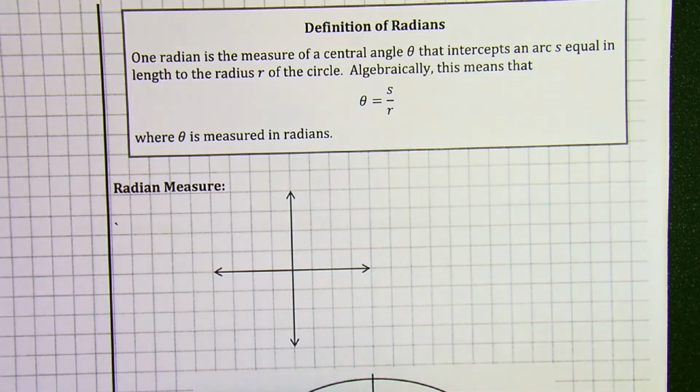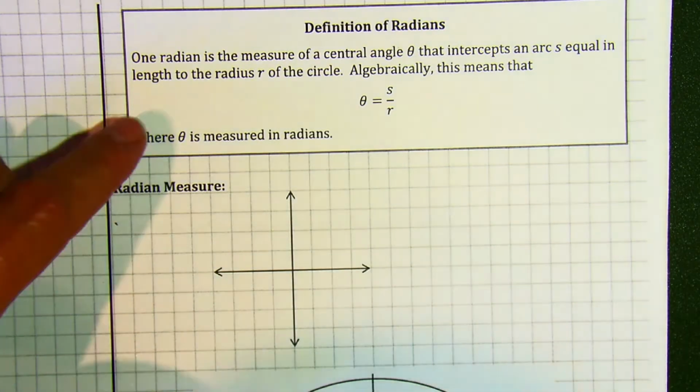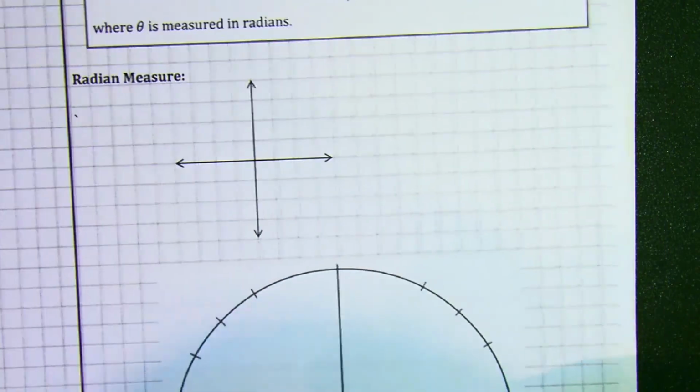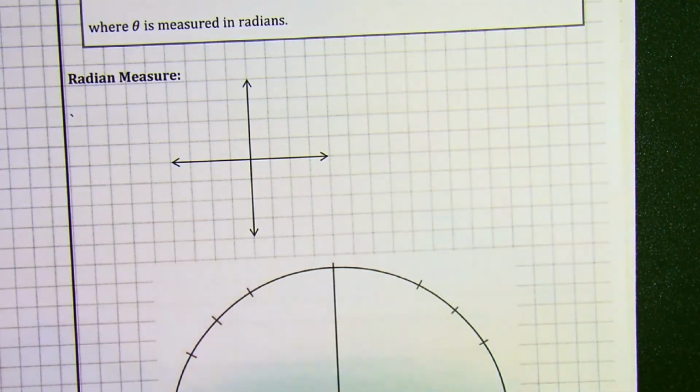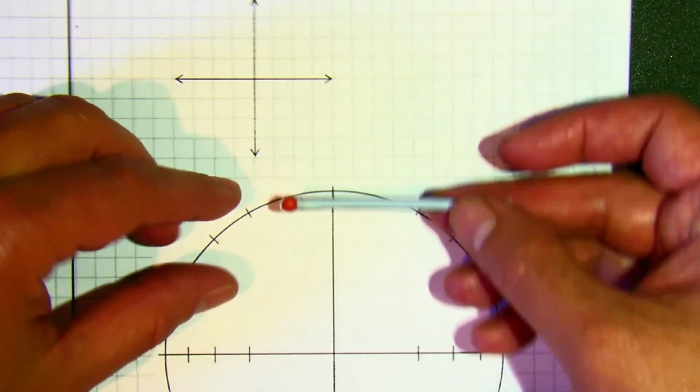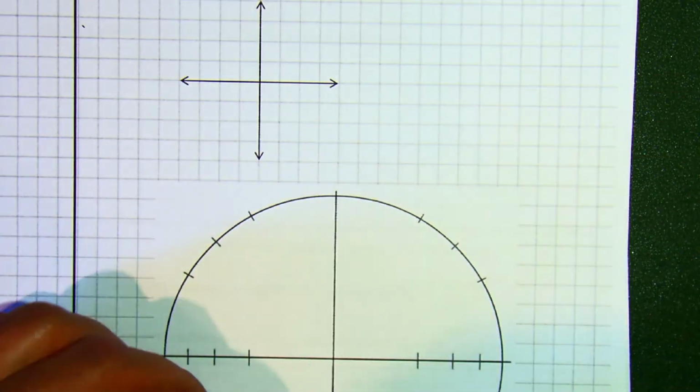So therefore, if you take an arc of length S equal in length to the radius of the circle, I'm going to use this same thing that we're using on the last circle.